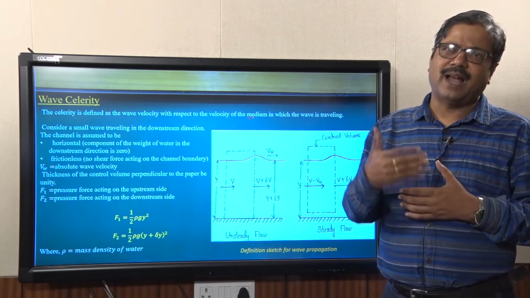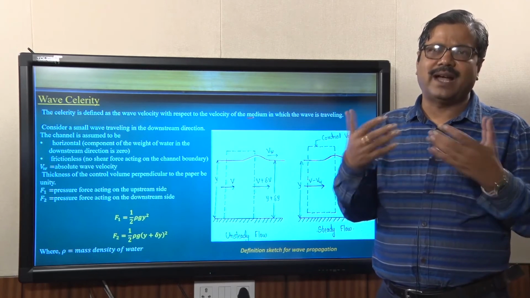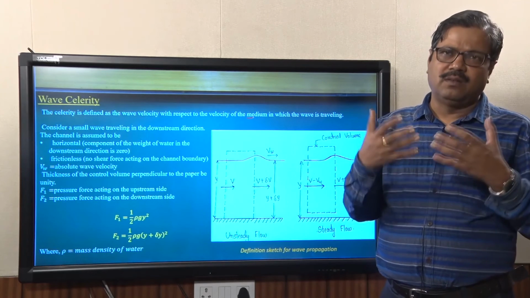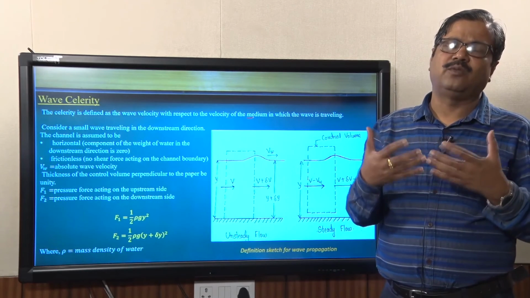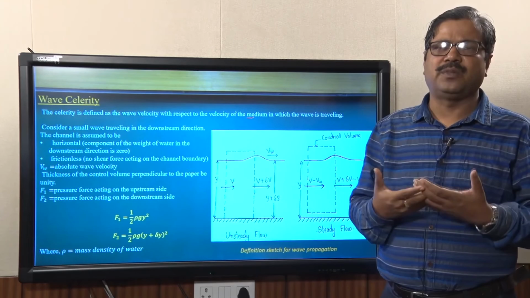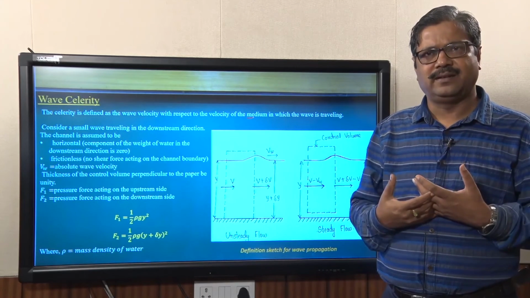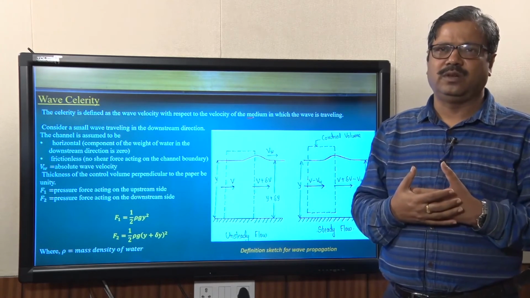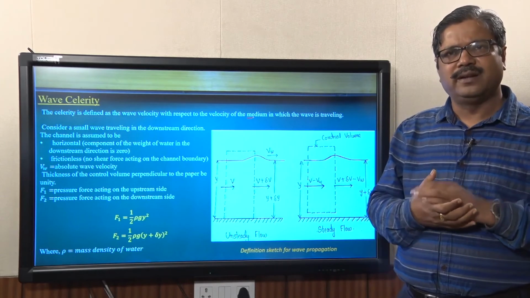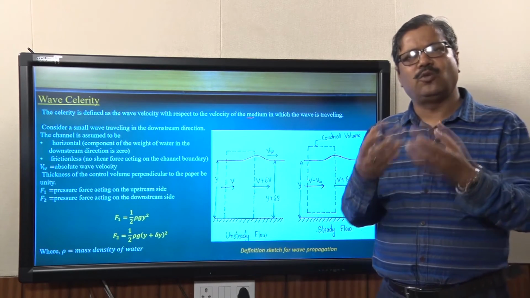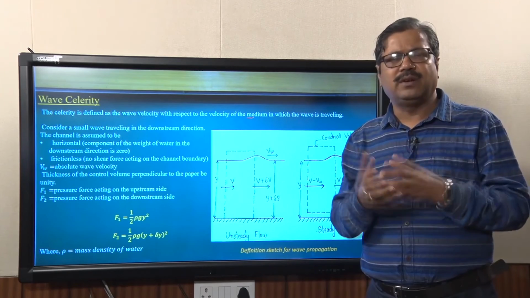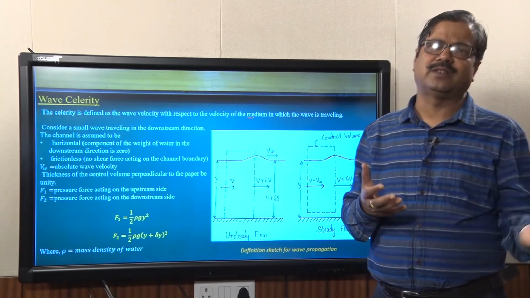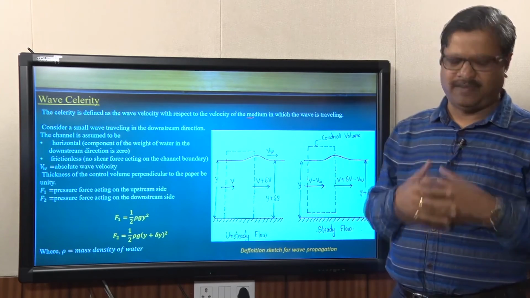Based on the direction of the propagation, we can find out whether the flow is subcritical, supercritical or critical. That is the concept we will talk about. As I said, just by throwing a stone in a river, we can find out whether the flow is subcritical or supercritical.